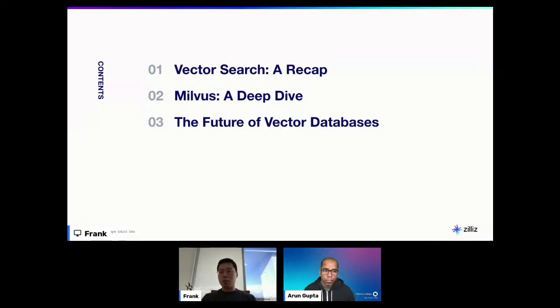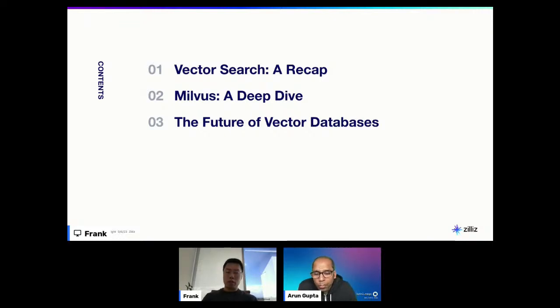What do vector databases do, and why should they be a part of your stack? And then next, I'm going to go into Milvus. I'm going to talk about why Milvus is one of the best vector databases out there, and what key features differentiate us from a lot of the other vector databases or vector search solutions. And then in the last section, I want to talk a little bit about some of the applications.